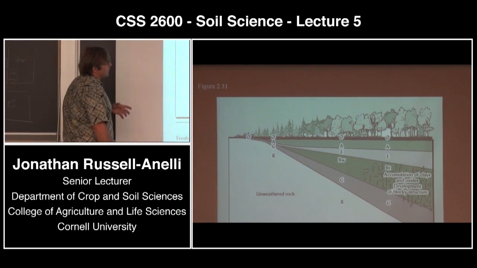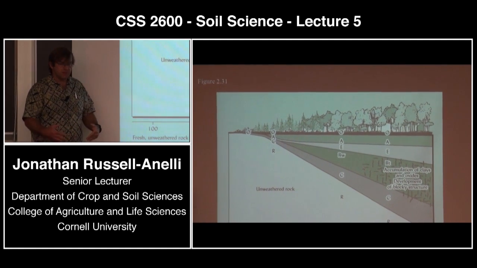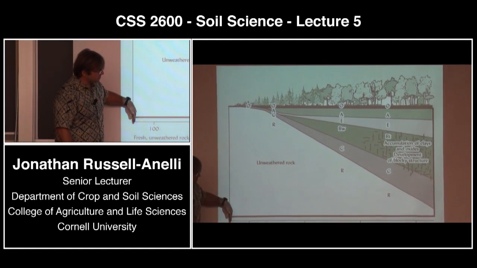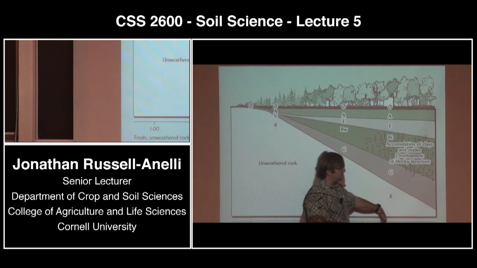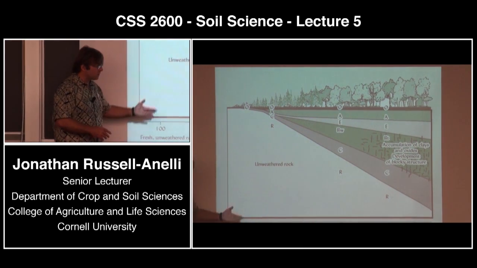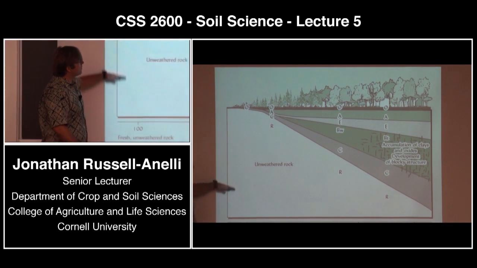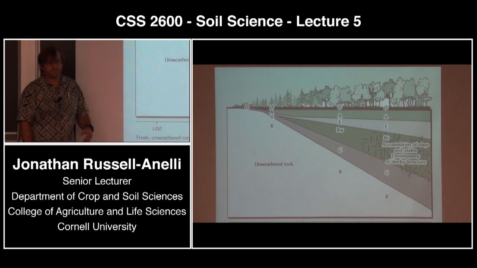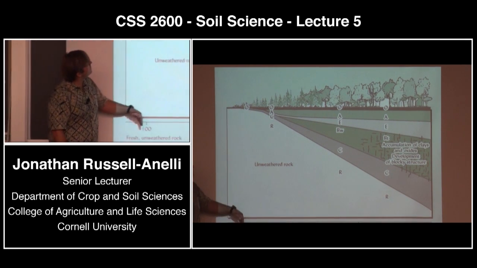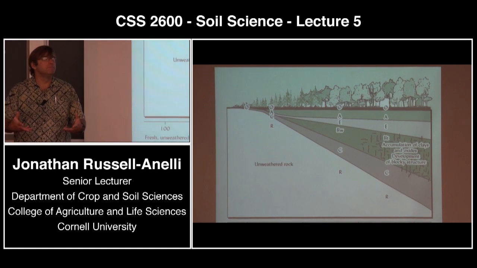Here's a graph that's right out of your book. And basically what we're looking at is time. And this is relative time, i.e. zero time and how many years it takes to get to something. Now, this is just sort of conceptual. Nobody's been around 100,000 years to have actually mapped this. But imagine we start with unweathered rock. The first 100 years or so, we're going to start seeing the evolution of an O horizon. Well, why?